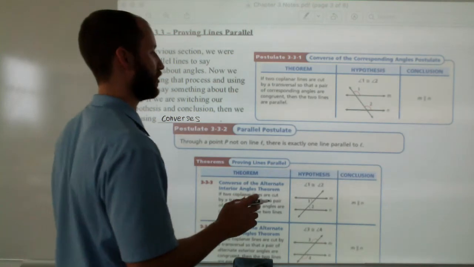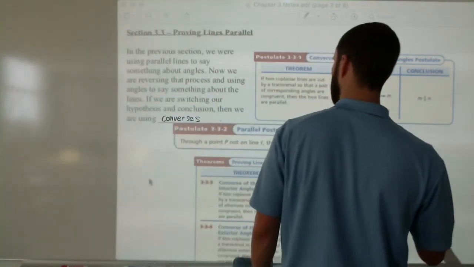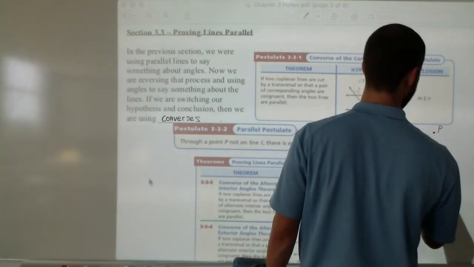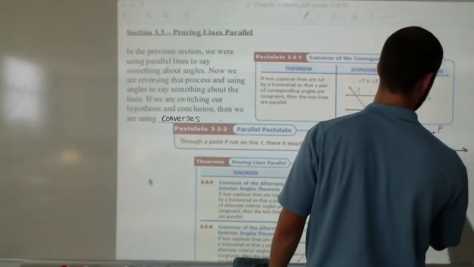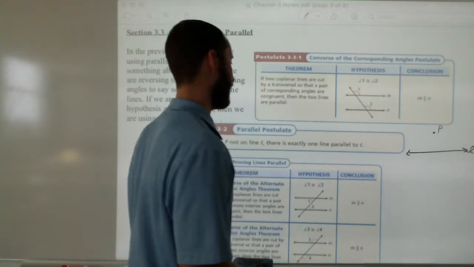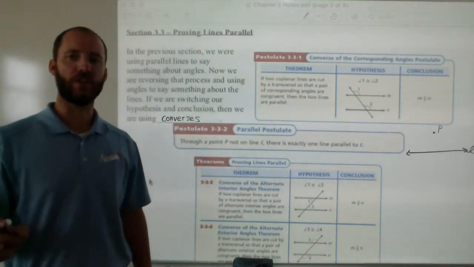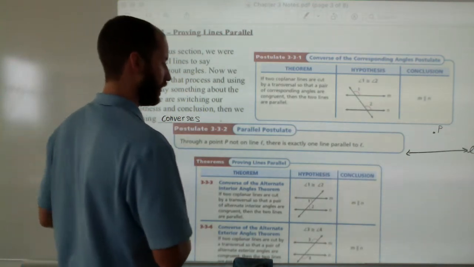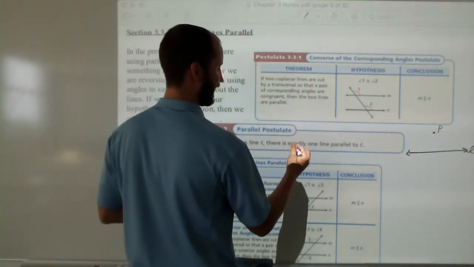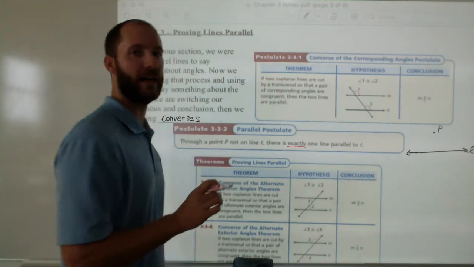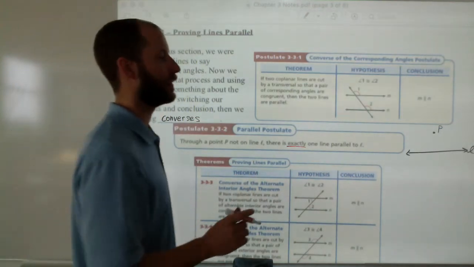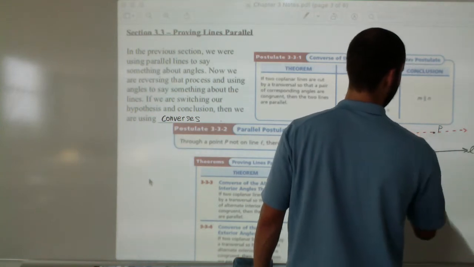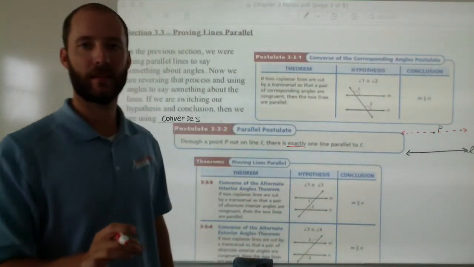The parallel postulate. What this says is there is a point P right there, and it is not on line L. What Euclid said is that through point P, there is exactly one line that's parallel to L. It is unique, okay?